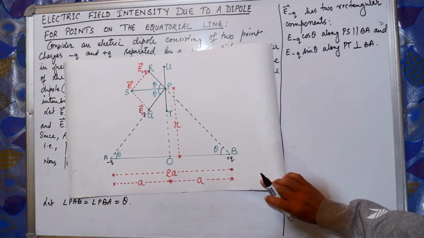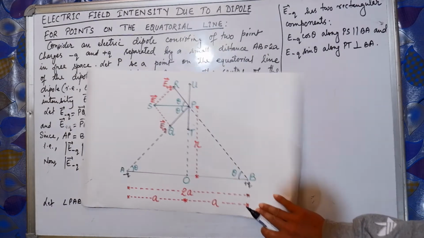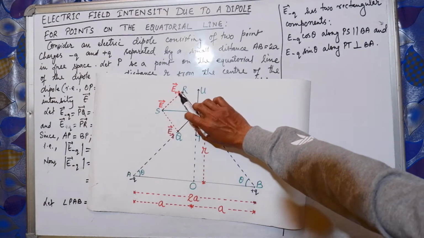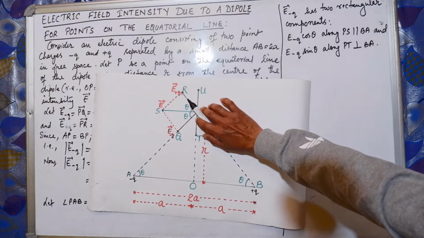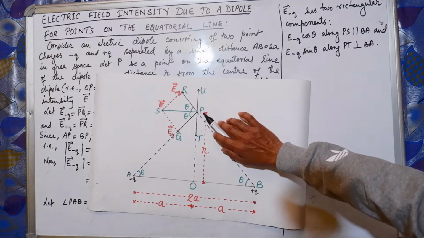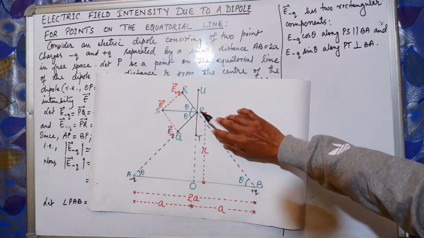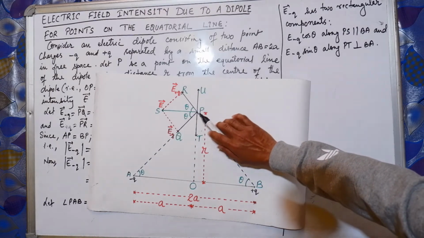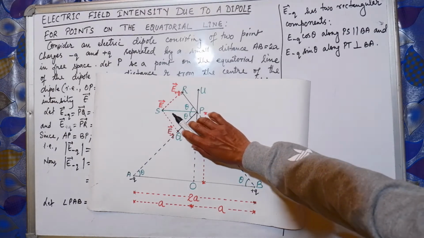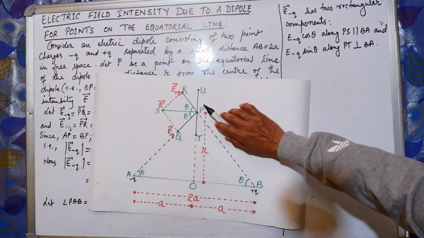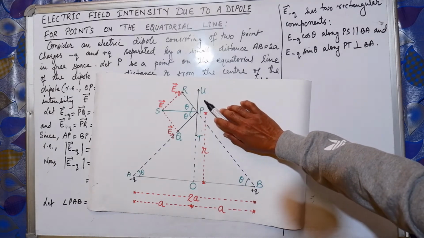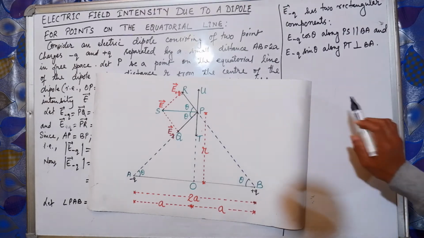Similarly, the electric field E plus Q also can be resolved into two components, one along PS and another along PU. The one along PS is E plus Q cos theta, and the one along PU will be E plus Q sin theta.